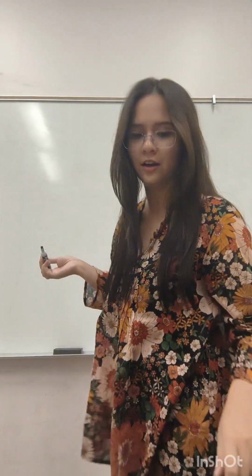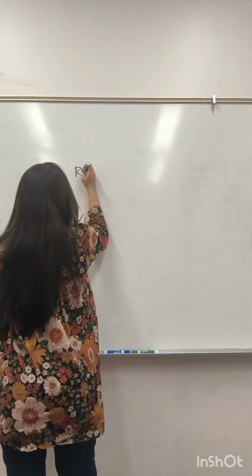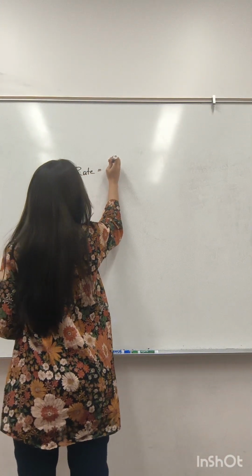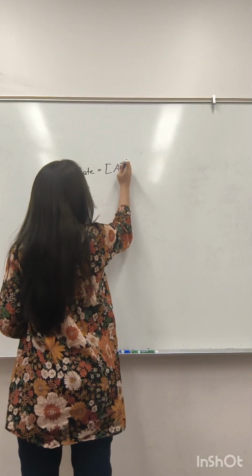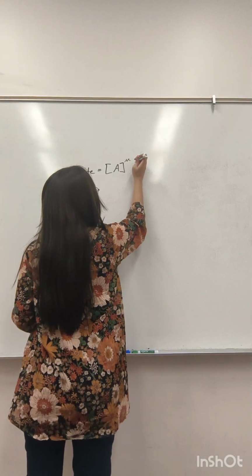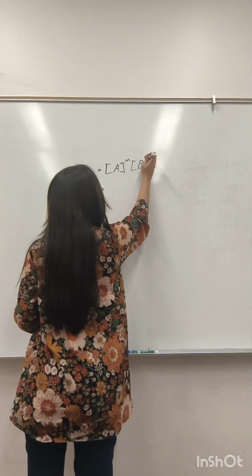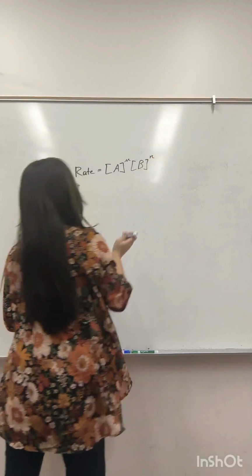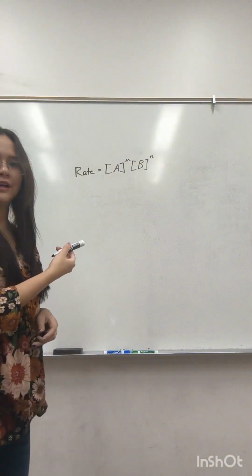So the rate law equals the concentration of A, which is the first chemical, to the power of m, and then the concentration of B, the second chemical, to the power of n. So this is the general rate law.